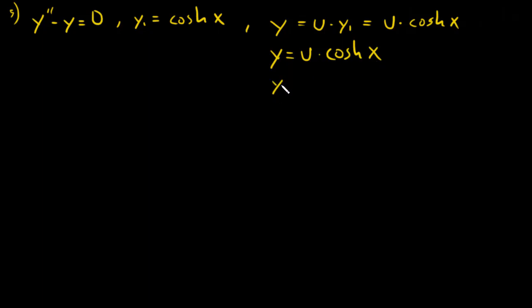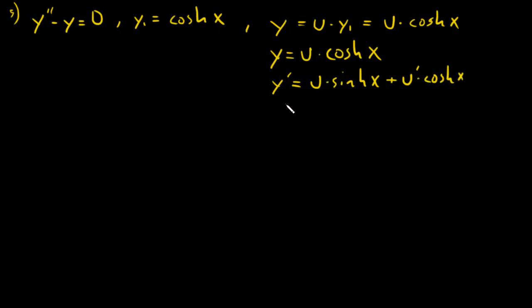So that means y prime is going to be first times derivative of the second, which is just sinh x, plus second times derivative of the first, u prime times cosh x. Okay?